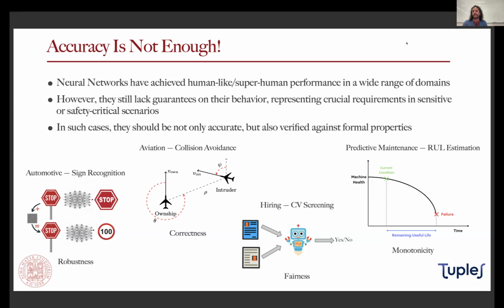Again, you know that that curve is monotonic, okay? And this is not really knowledge that you produced over decades or centuries of research. This is just common sense, right? You know that the health conditions of a machine over time can only deteriorate. They can never improve, okay? And so you would like your network to be aware of this fact.